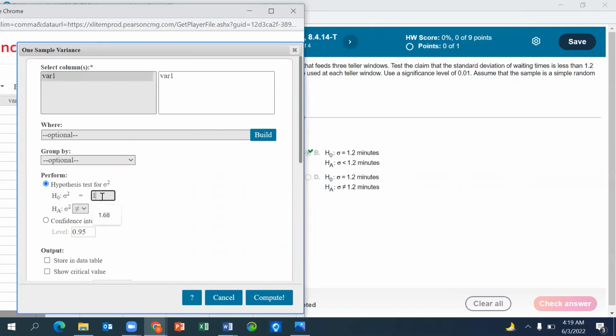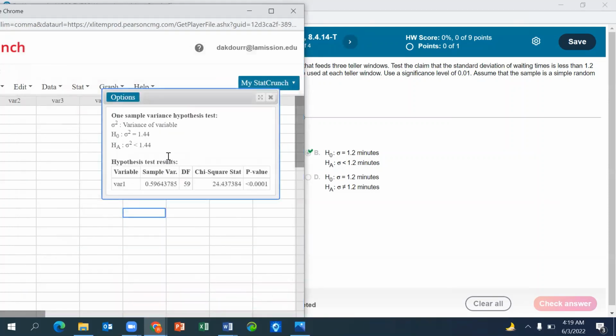So it's 1.44. That's your variance. And we're dealing with a left tail test, so the alternative hypothesis would be less than. Okay? You might want to enter the critical value if you like. I'm not going to need it for now, so I'm going to hit compute here.